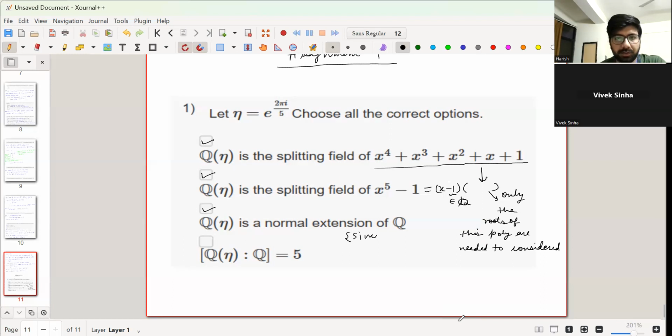Since A is true, you can say that, because it is a splitting field of some polynomial, it will be a normal extension. Only the last part is not true, because this is not 5, this is 4. Okay, correct.